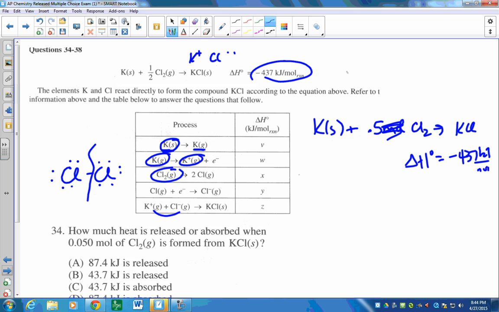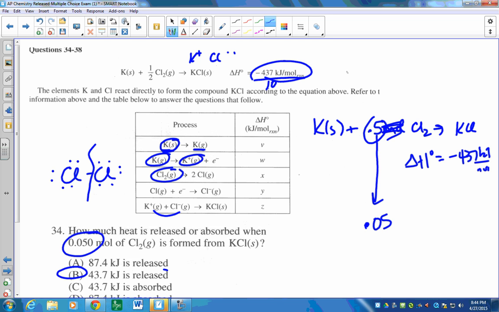And the question is, if this was not 0.5, but it was 0.05, remember, you don't get a calculator, and 0.05 is 10 times smaller than 0.5. And so does it make sense that the heat of a reaction would be 437 divided by 10? And so the best answer is B.